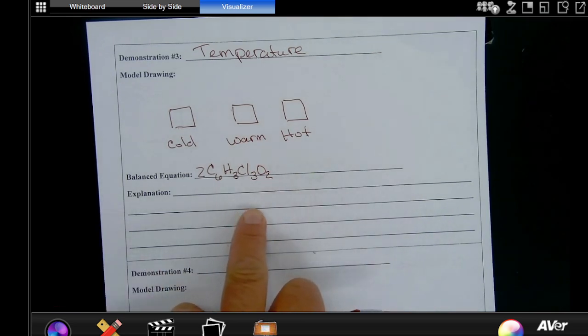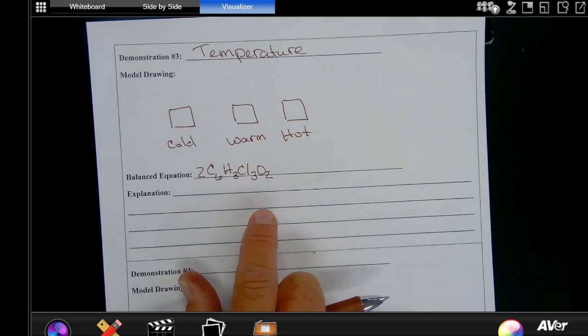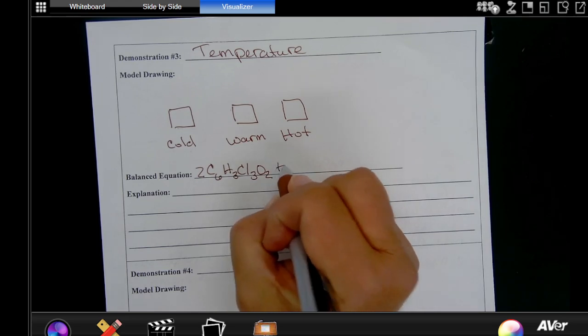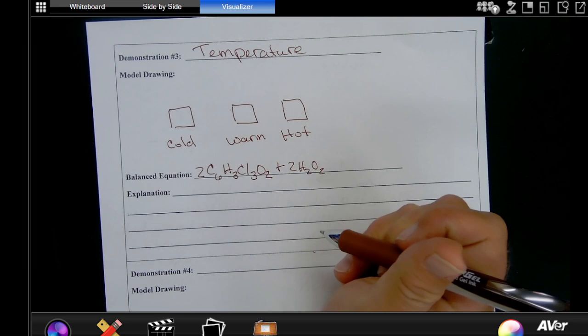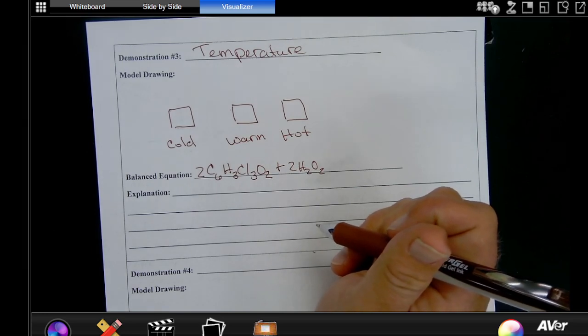This is why you don't want to eat it or put it in your mouth, because it has chlorine in it. It also has hydrogen peroxide in it. Not things we want to eat.